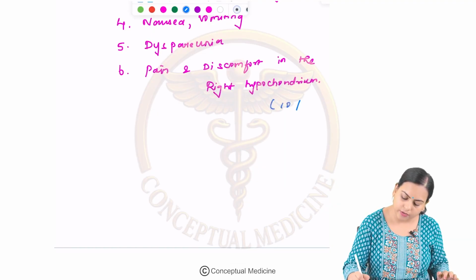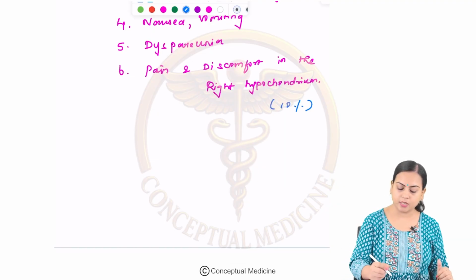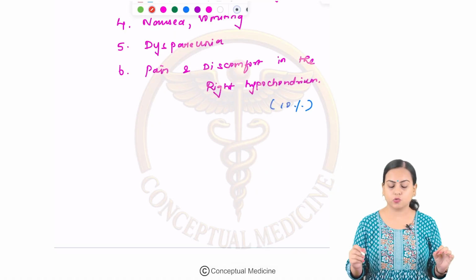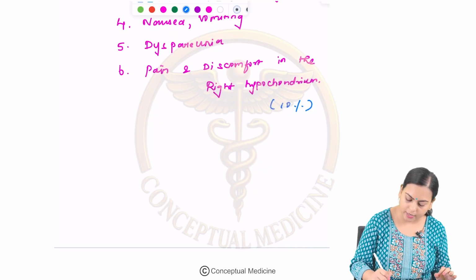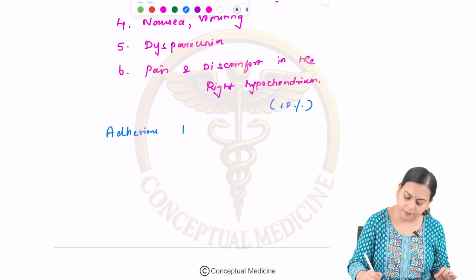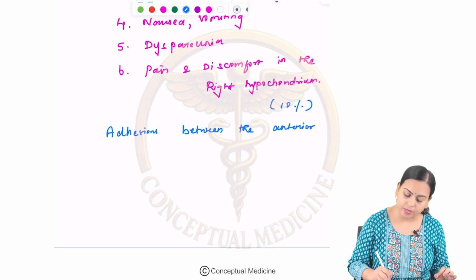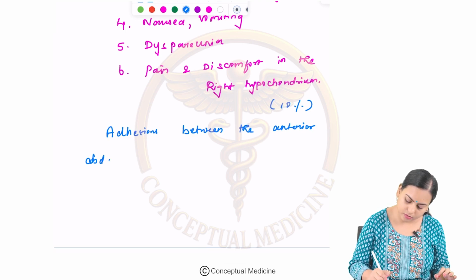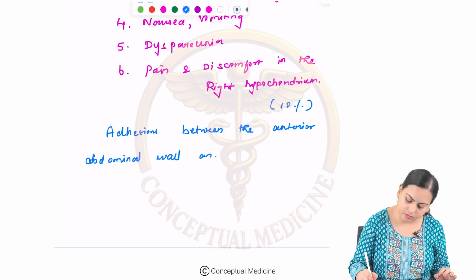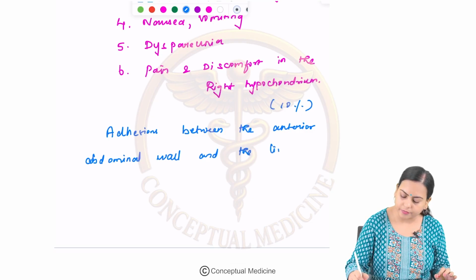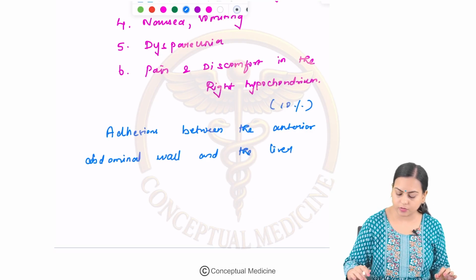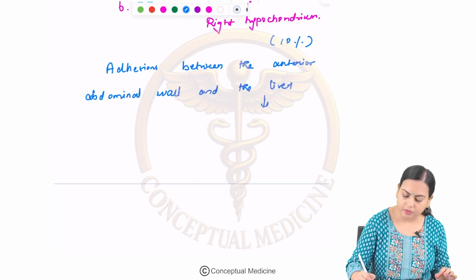Okay, so if you ask me why this is seen, it is seen due to the adhesions that are formed between the anterior abdominal wall and the liver.